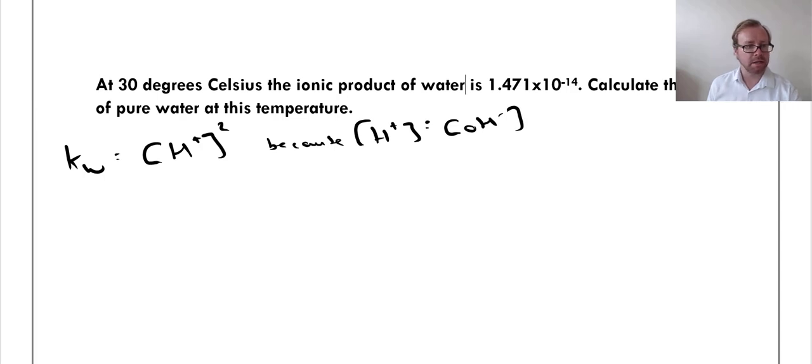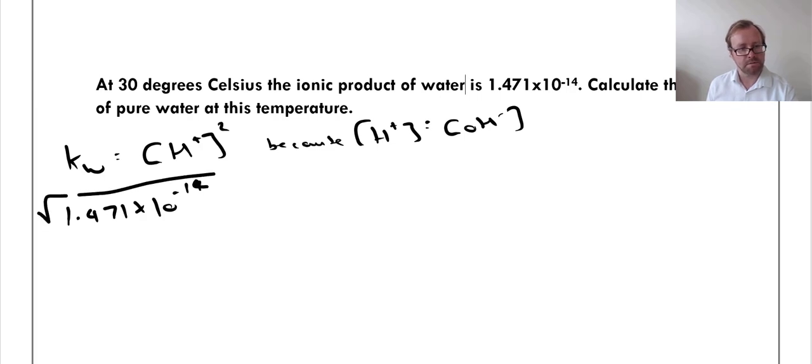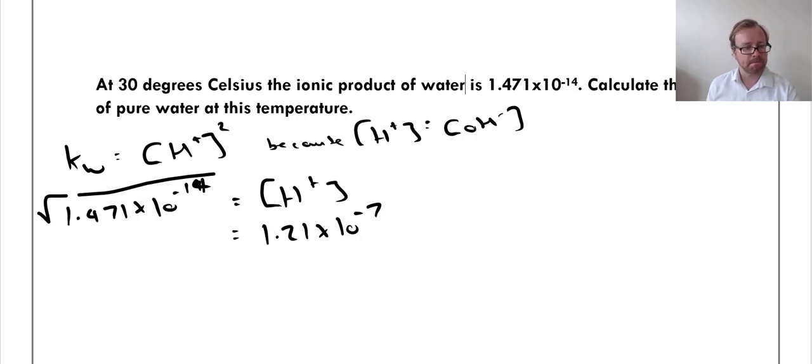Which means that I can calculate my concentration of H plus: the square root of 1.471 times 10 to the minus 14 equals my concentration of H plus, which gives me a value of 1.21 times 10 to the minus 7.